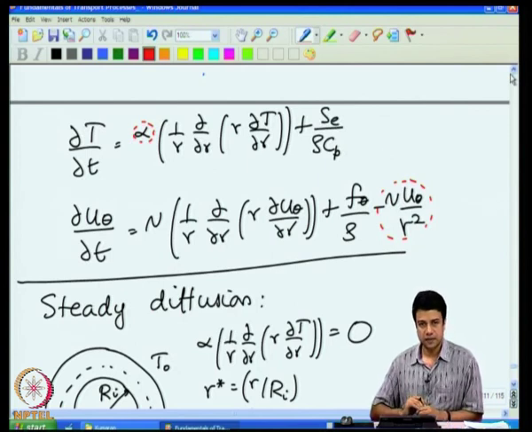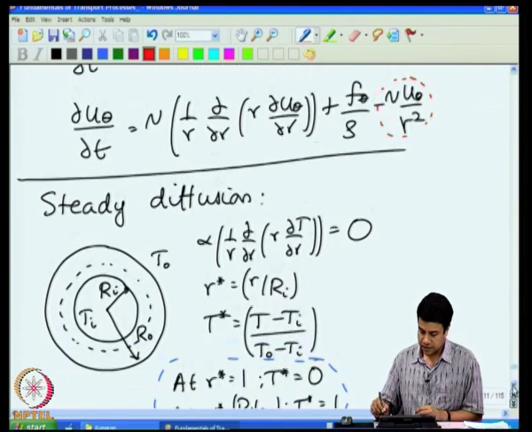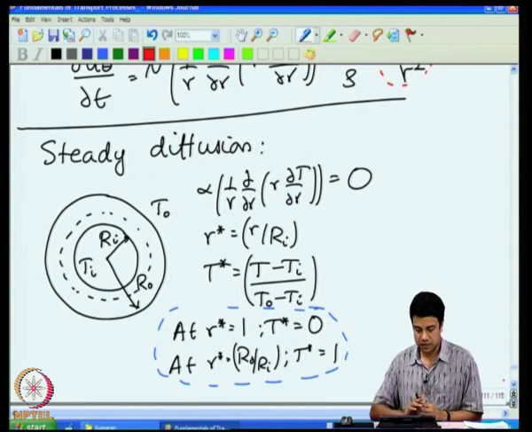A consequence of this, the heat conduction across the wall of a cylinder is not the same as the heat conduction at a flat surface. We saw that by looking at steady diffusion in the last lecture. Okay. In the case of steady diffusion, the equation of motion just reduces to alpha times 1 over r d by dr of r dT by dr is equal to 0. Okay.